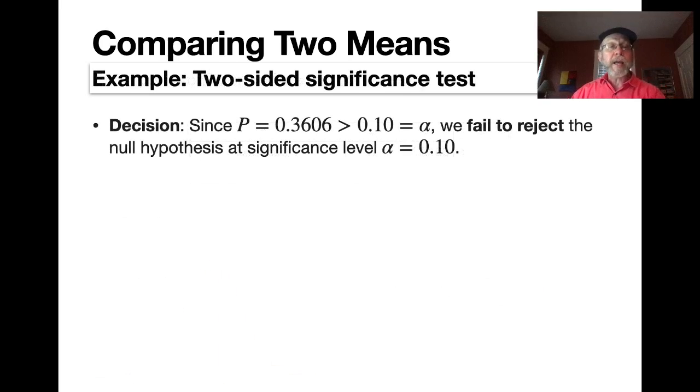And so since that p-value is bigger than our significance level alpha of 10%, we fail to reject the null hypothesis at the significance level alpha equal 10%.